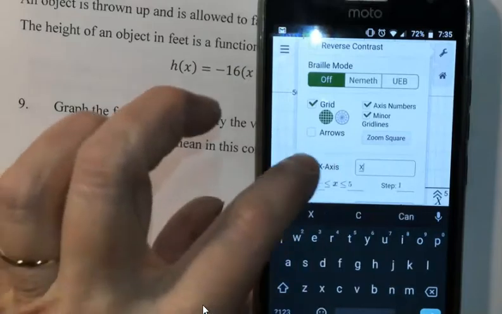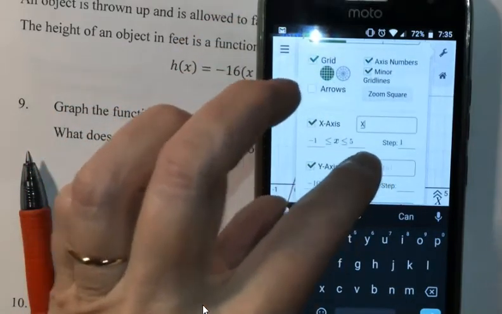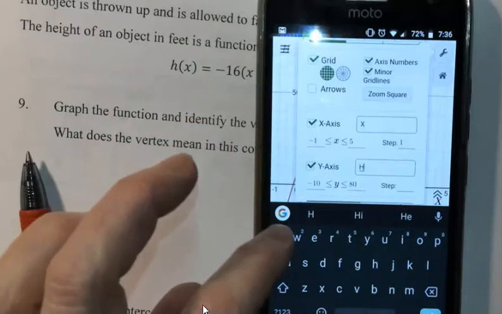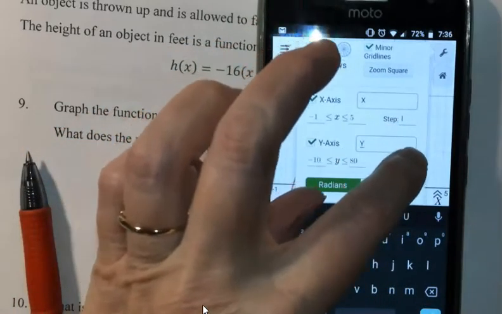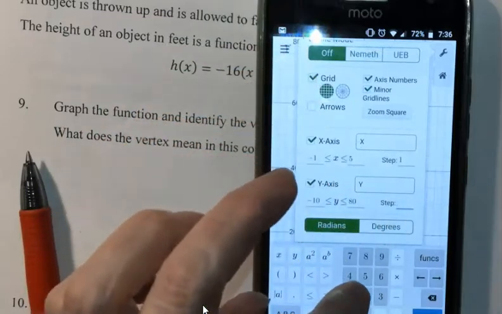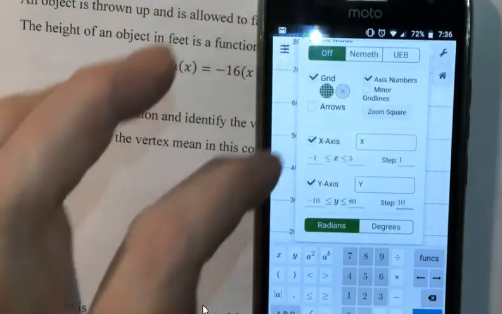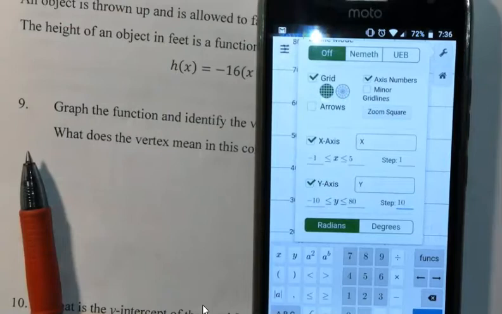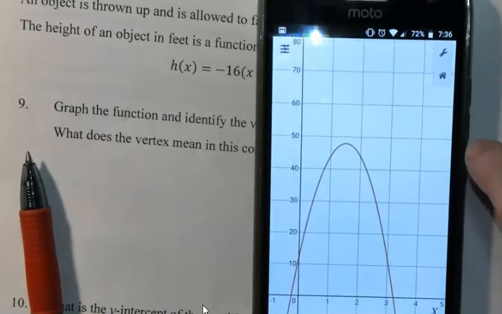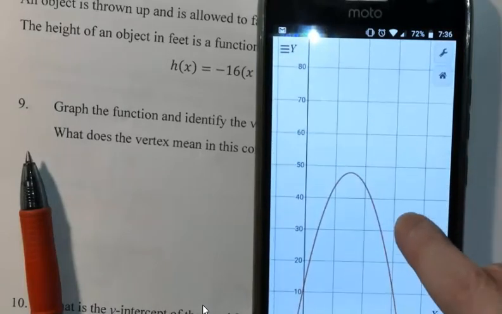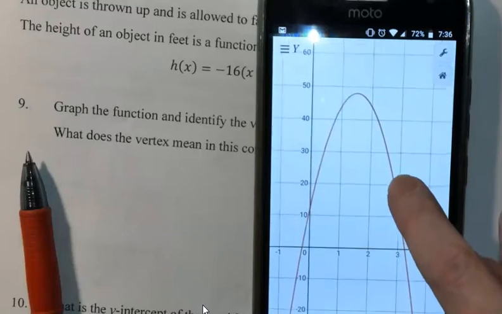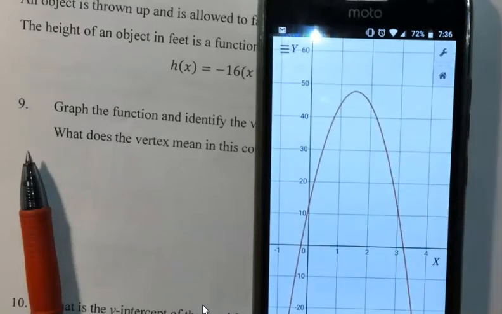I'm going to go ahead and put my x in that box, and I can put h of x here, or just put y. That'll work. Since I'm going to 80, I'm going to count by tens. And I'm also going to remove my minor grid lines because I don't really want so many lines on my graph. Now, when you get all that, let's look at it and see what we got. Oh, that looks pretty good. Now, it did go up to 80, which is kind of overkill, but I like this graph, so I'm going to leave it.